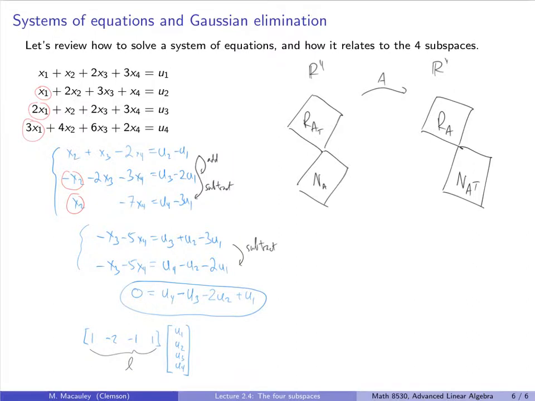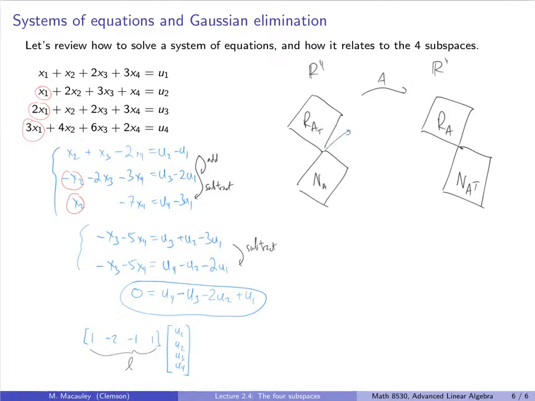Okay, so if there's a solution, that means that this vector u lives in the range. It's some vector over here that gets hit from some x1, x2, x3, x4, which lives in R4. We don't know where, so let me draw that.